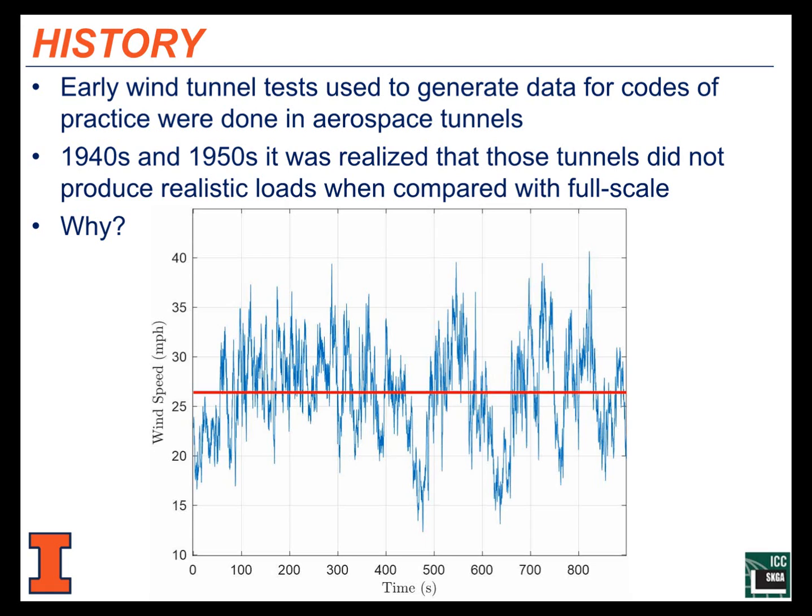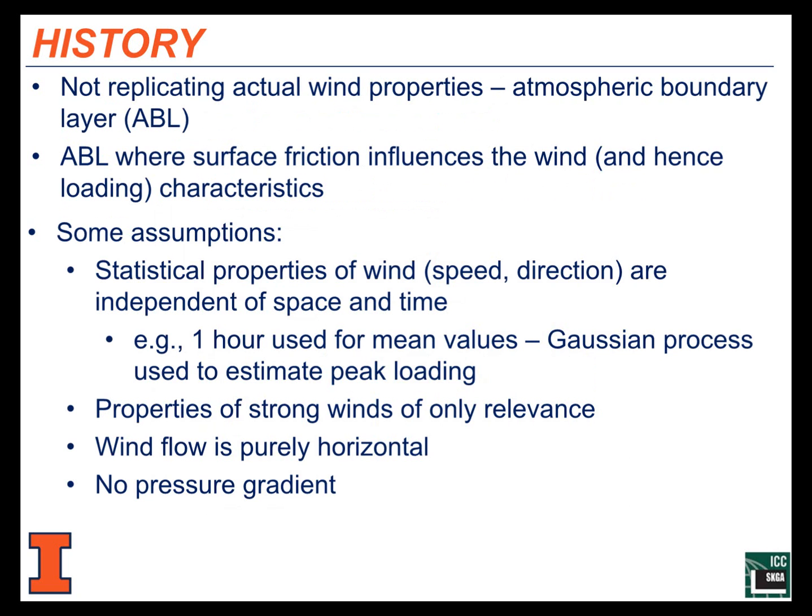In short, what we didn't do in the 40s and 50s is this: aerospace tunnels are usually based on smooth airflow, for aerospace applications that are well above the ground, and obviously if we're closer to the ground, we have to deal with turbulence. So the major thing that we weren't doing was replicating the actual wind properties, and hence the loading properties.